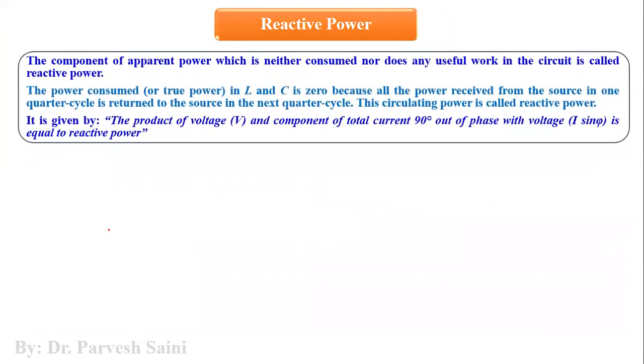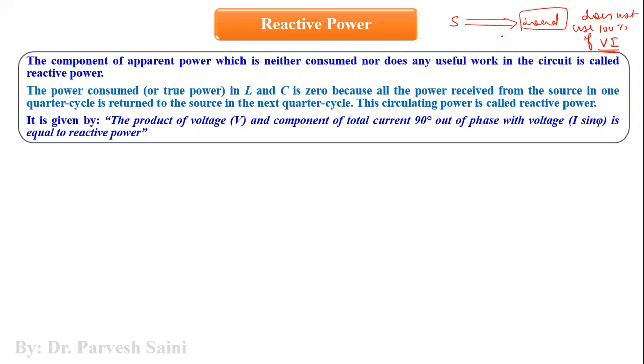So let us come to the next slide, which is related to reactive power. Now, when your source delivers power to the load, this load does not use 100% of VI.